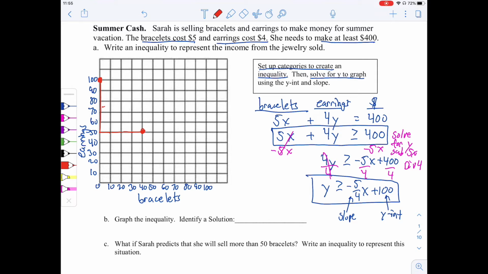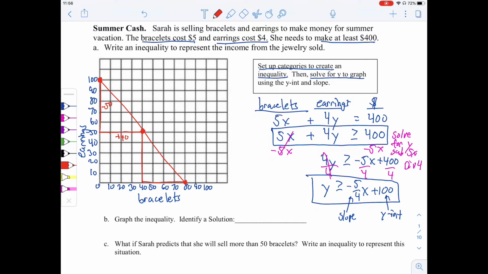Right there. So we're going down 50, right 40, which is the slope of negative 5 over 4. Let me do it again: down 50, right 40, right there. And then we can make a line. That's our line for our situation.